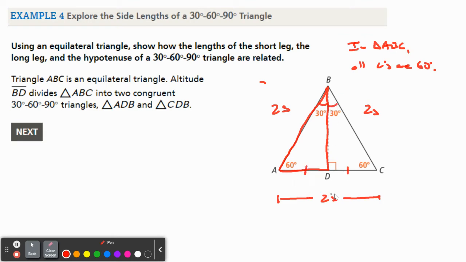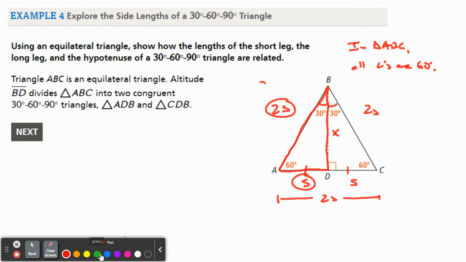So the reason that I called this 2s was because I knew they would break this up into S and S. So I already see the relationship here between this side and this side. This is 2S and this is S, right? You see that right here? 2S and S. So the real question is, what about this third side, this BD? What is its relationship going to be?